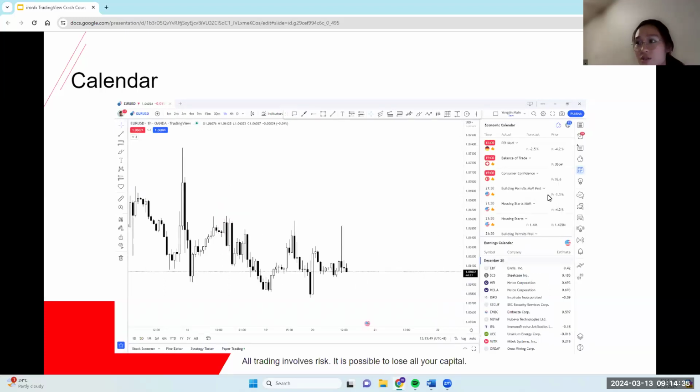Calendars. The calendar icon is here. It also gives you an economic calendar and an earnings calendar as well. So you can see that there's a whole bunch of different functions all on one platform.